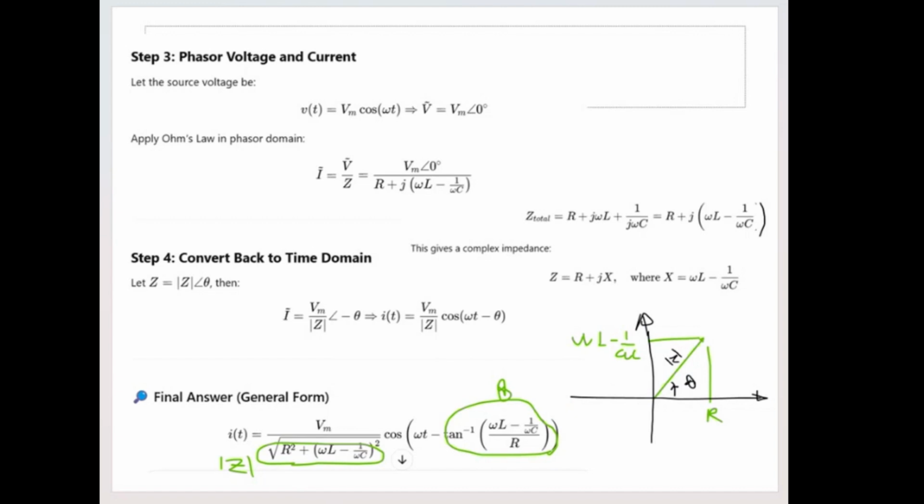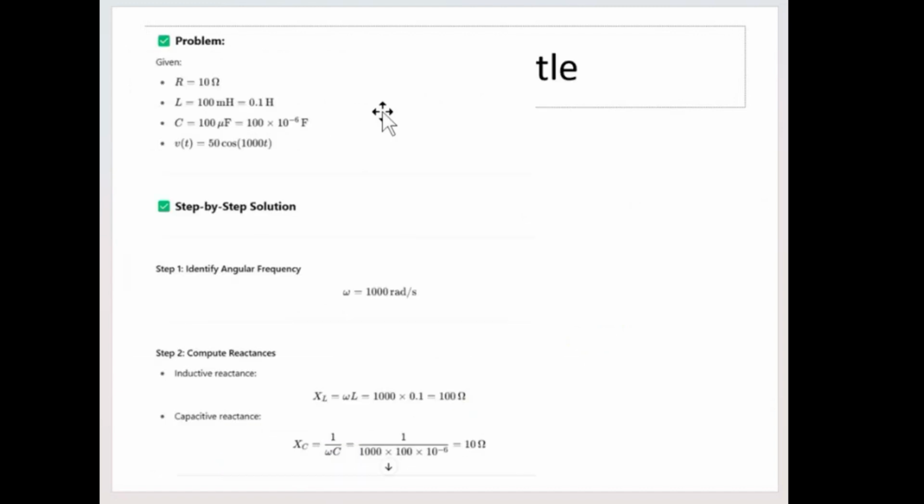Okay, now let us just solve the same example, but with some parameter values, so you can also practice it at home and see if you can find the same answer. Now, in the same RLC circuit, the value for R is 10 ohm.